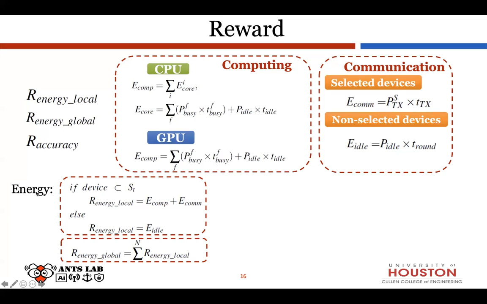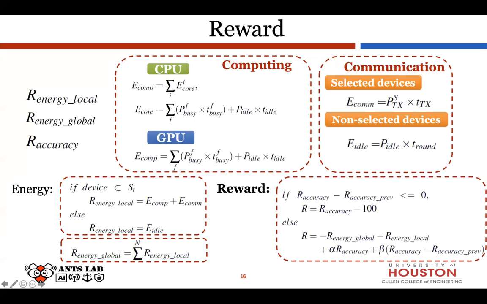And with this energy consumption function, we have our reward function. It is defined here. If the accuracy has not increased compared with the previous round, the reward is defined as the current accuracy minus 100. It should be a negative value.